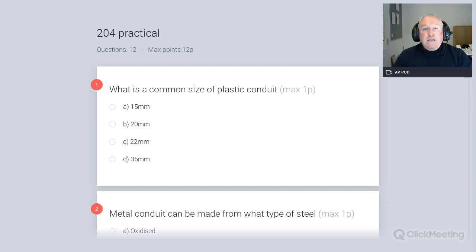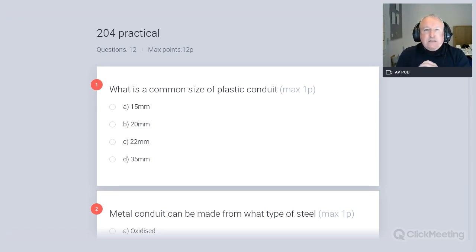What would you use to bend a plastic conduit? Question 9. Where would you use black enameled conduit? Number 10. Why are singles cables stranded?